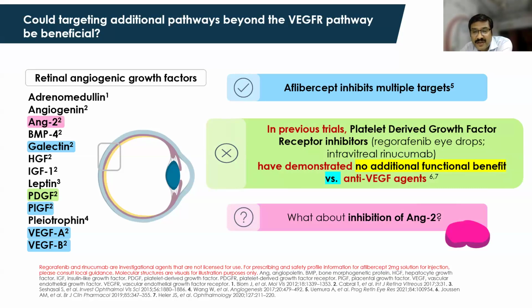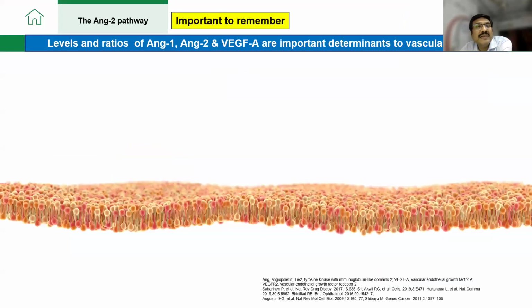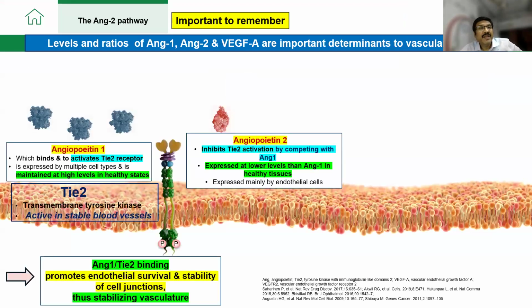And what about inhibition of angiopoietin 2? It is important to remember that levels and ratios of angiopoietin 1 and 2 and VEGF-A are important determinants of vascular stability. Angiopoietin 1 binds and activates Tie2 receptors and is maintained at high levels in the healthy states, as we know.